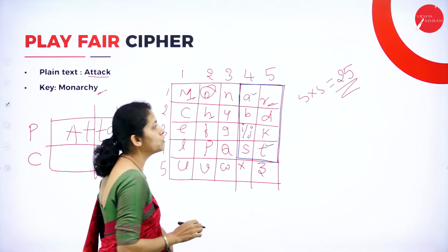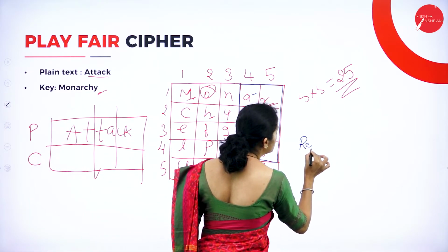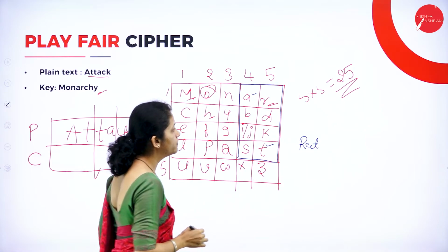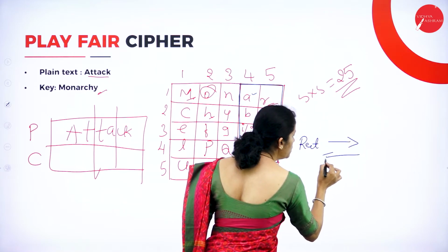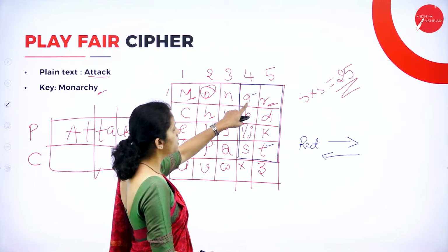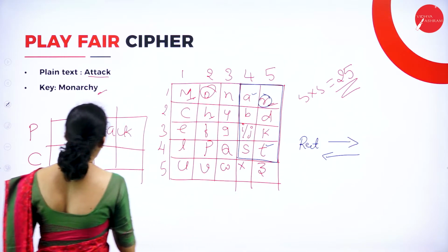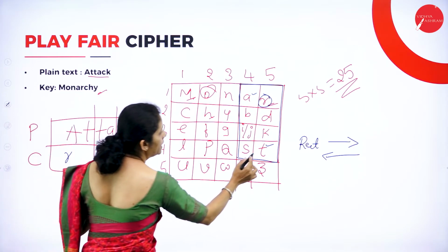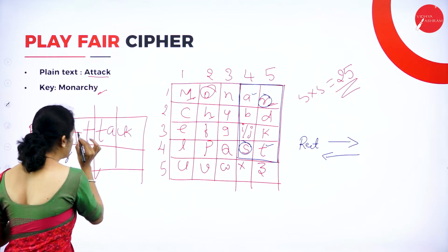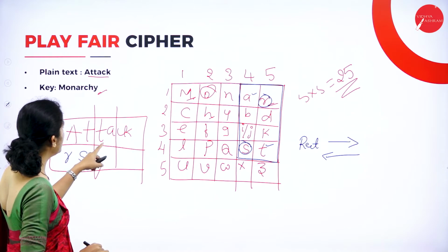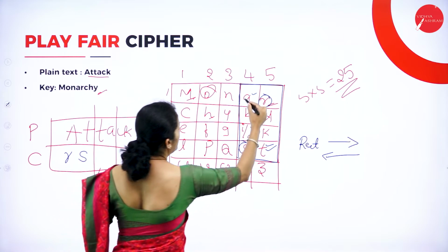And if it is a rectangle box, I want to consider left to right and right to left. So here A is present. Then I want to consider the next character, it is R. And if I consider T, what is the next character? It is S.